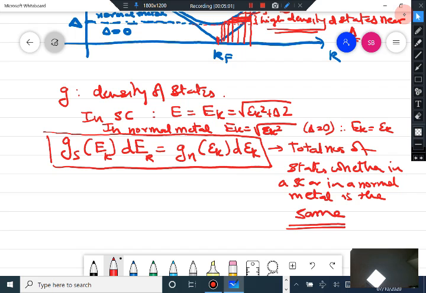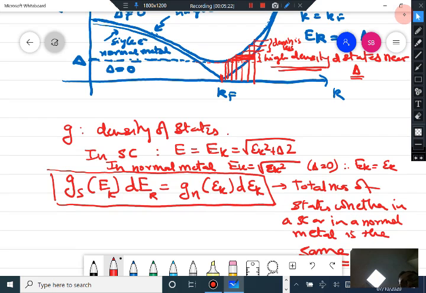The total number of states which are available is not going to change when it becomes a superconductor or a normal metal. The total number of states is going to remain constant. So it's just the distribution of these states that will change, depending on whether it is a superconductor or a normal metal, because it depends on the nature of the dispersion. What is the nature of the dispersion, that is going to change the distribution.